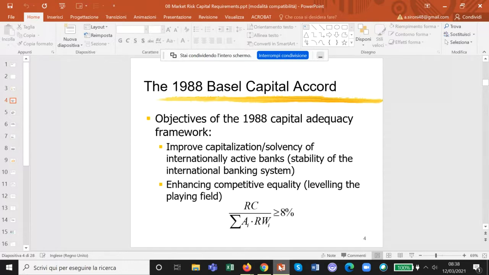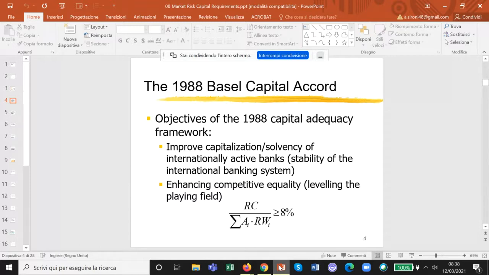And the second objective was the one of leveling the playing field, in some way trying to enhance the fairness of competition. At that time, in the second part of the 80s, there were significant concerns, and I would say also complaints, by the United States, because their banks were losing competitiveness, especially with respect to the banks of another country, which were becoming more and more powerful all over the world in the late 80s.